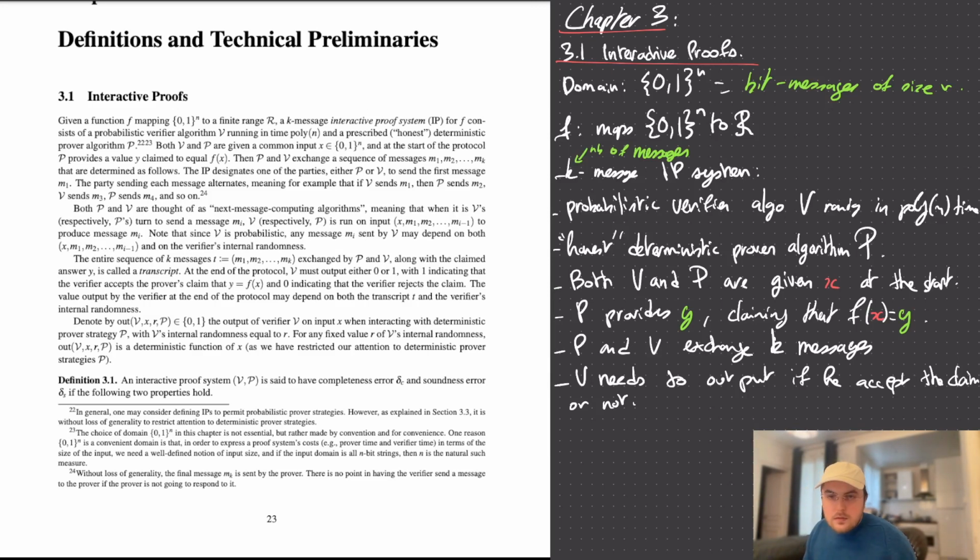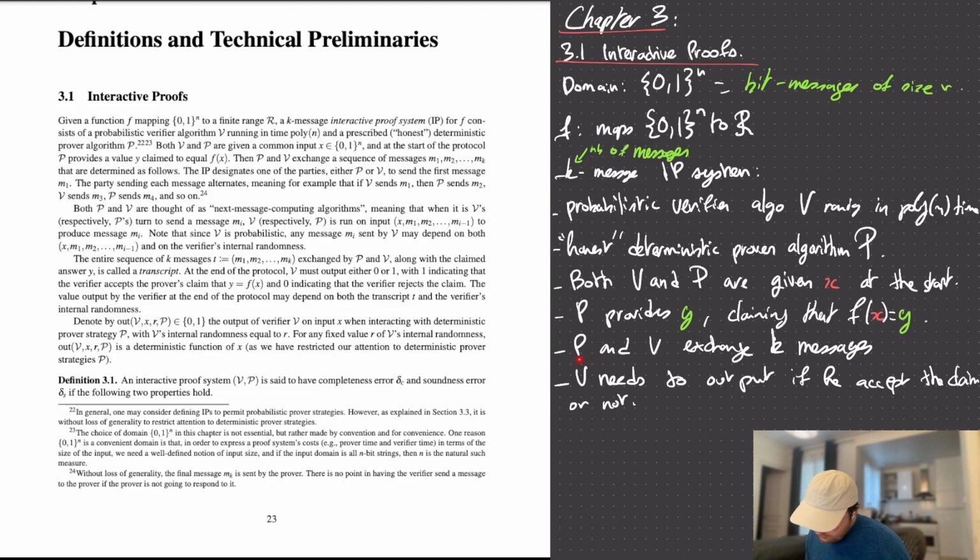The idea is we have a verifier that runs in polynomial time. We have a prover algorithm. Both V and P are given X at the start of the protocol. So I guess you can, this is what they're saying at least. Then P provides Y, claiming that f of x equals y.